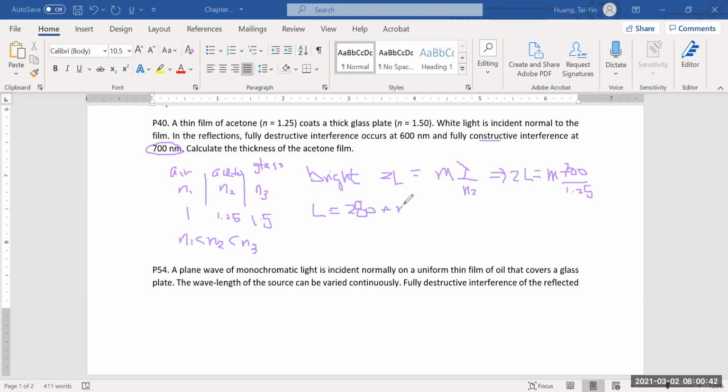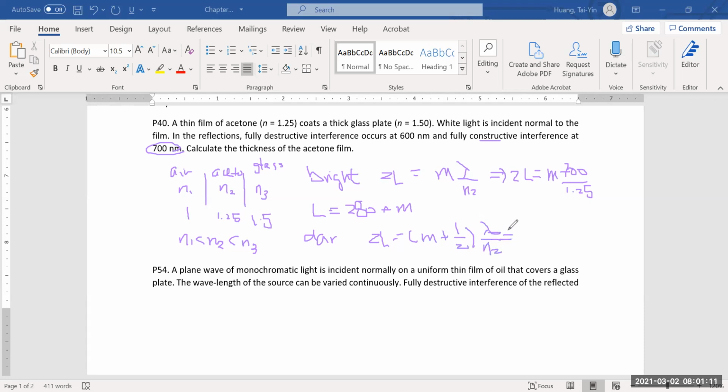So you might wonder, why didn't I put M equal to 1? Because it didn't say which order it occurs, so we can't just say that it is equal to 1. And then for the dark fringe, the equation is 2L equals (M + 1/2) times lambda over N2.